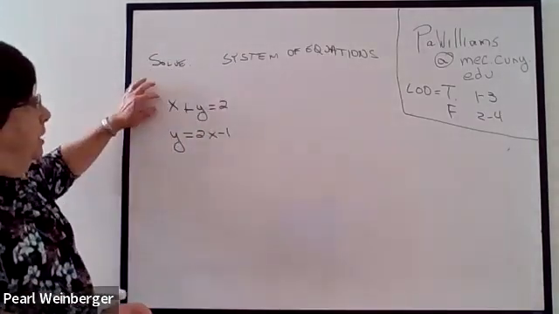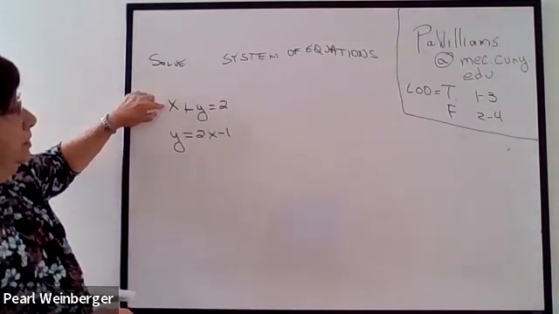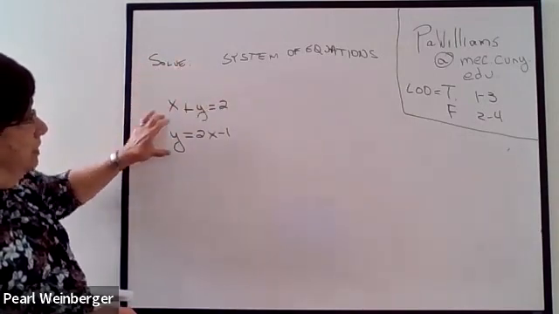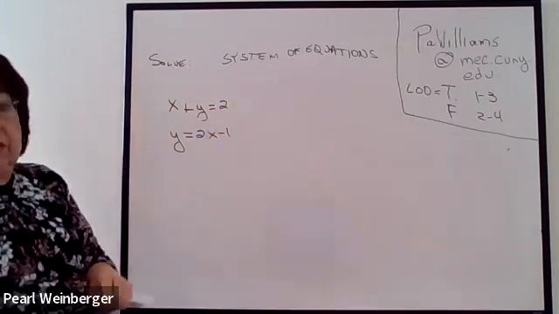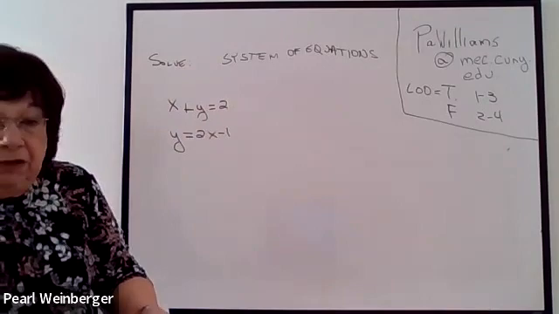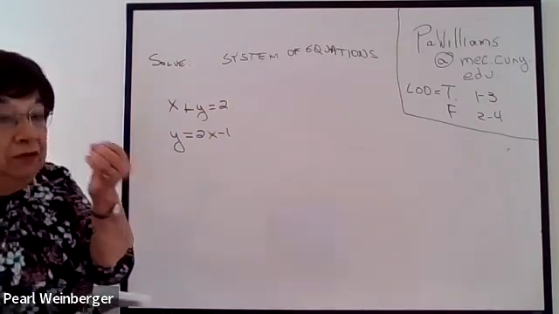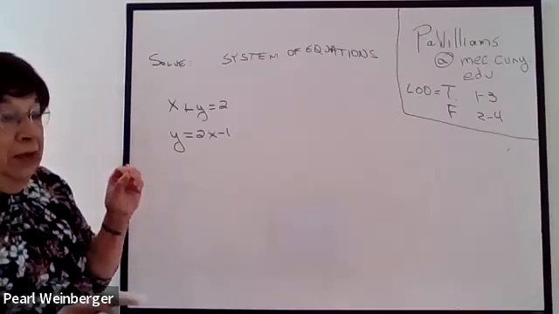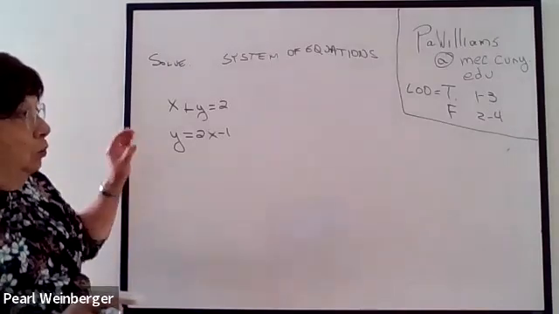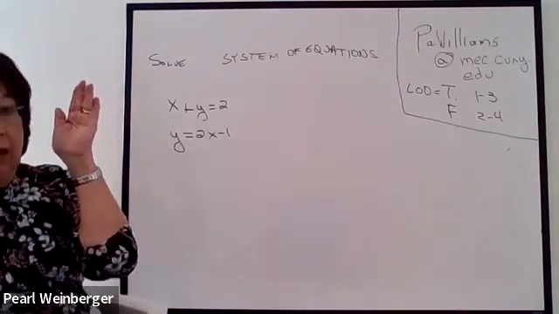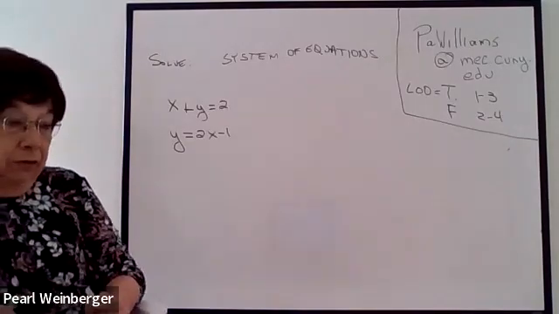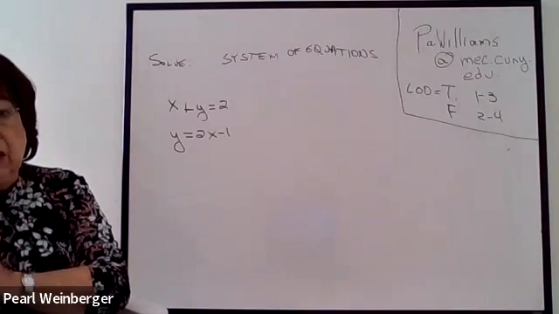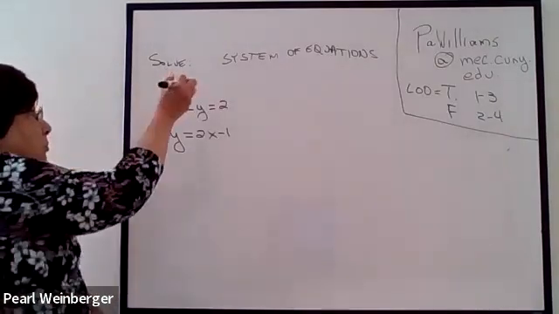But if you notice, even though my first equation is in the standard format, x plus y equals number, the second equation is y equals, usually what we call the y equals mx plus b form, but it's basically specifically saying what y is. When I see a situation like this, where I have one of my equations either saying y equals something or x equals something, that's usually where I use the method that's called substitution.